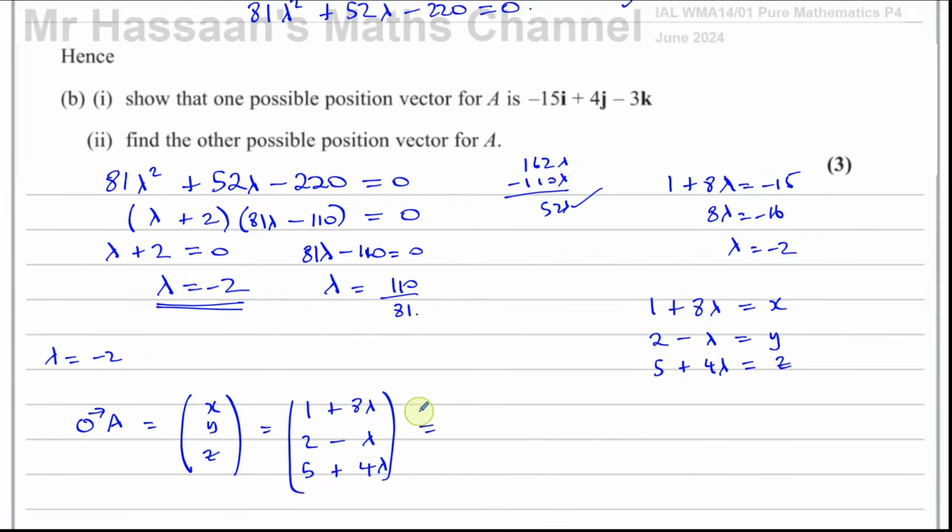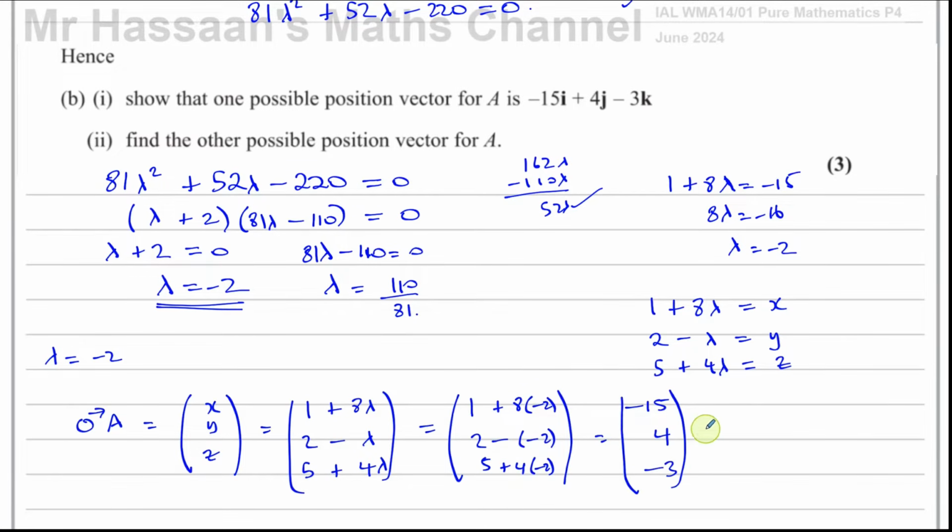And as lambda equals negative 2, you'll have 1 plus 8 times negative 2, and 2 minus 2, and 5 plus 4 times negative 2. That's 1 minus 16, which gives minus 15, 2 plus 2, which is 4, and 5 minus 8, which is negative 3.